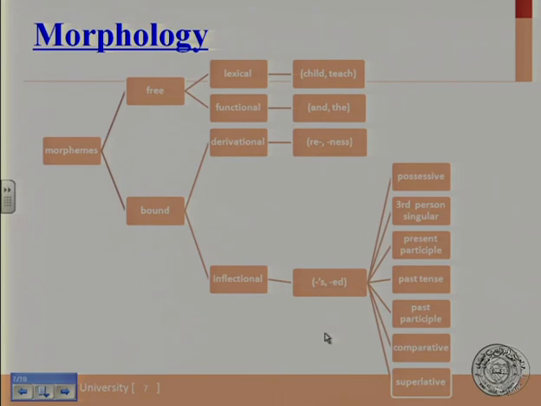We have possessive S, third person singular in the simple present tense, present participle using the ing form, past tense by using the ed or irregular form also, past participle, and number 7 is comparative, and the last inflectional form of grammar in English is superlative.